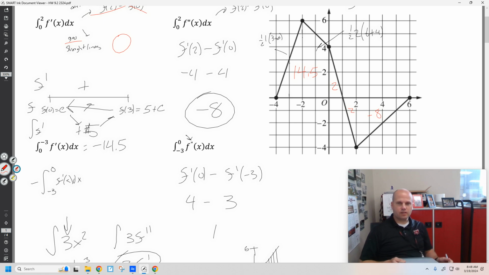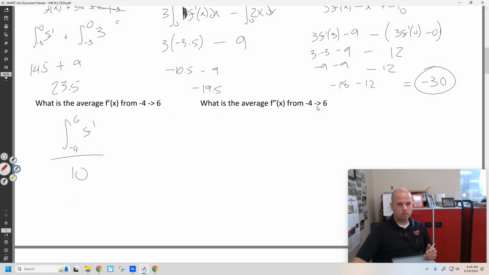Zero minus 8, so 6.5, which is 0.65. If I wanted to change that into a fraction, I could, but I don't want to.